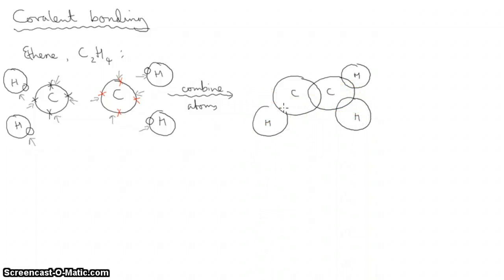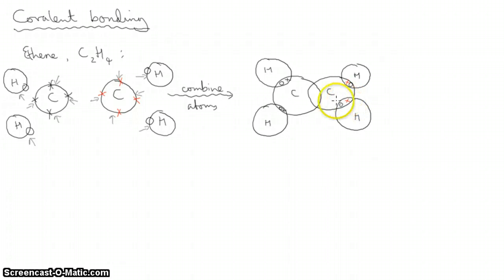So 2 for the right carbon, 2 for the left carbon. Now each hydrogen is putting in its 1 electron, sharing with its respective carbon. And each carbon is going to share 1 of its electrons with each of the hydrogens. So there's the left one, and there's the right one.